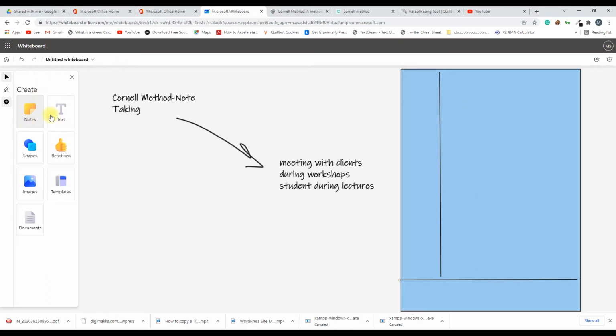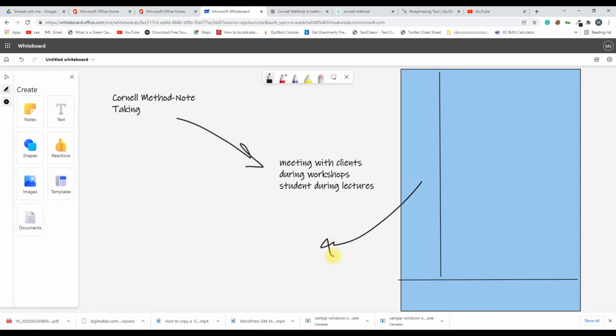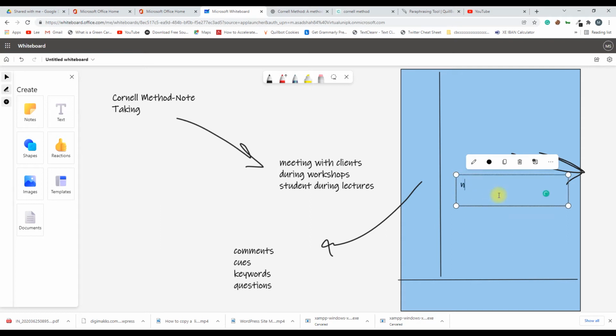So when we talk about this section, this is where we write the comments, cues, keywords, or questions. Over here in this section, we write down the notes.